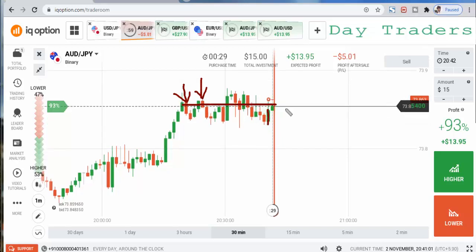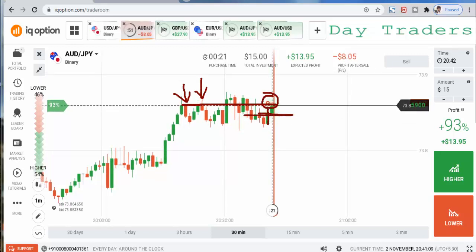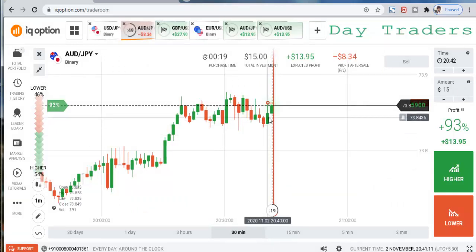So I'm not looking for trade timing. Okay, let's see. Still this is a sellers area and the candle closing point at the level. There is a gap.